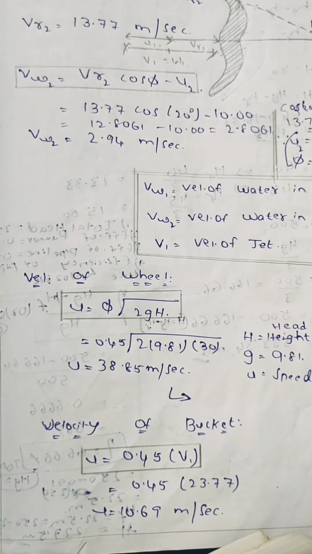By substituting we get 38.85 meters per second. Velocity of the bucket u equals 0.45 times V1, so 0.45 times 23.77, which by substituting gives 10.69 meters per second.